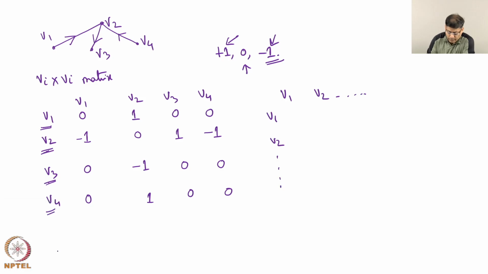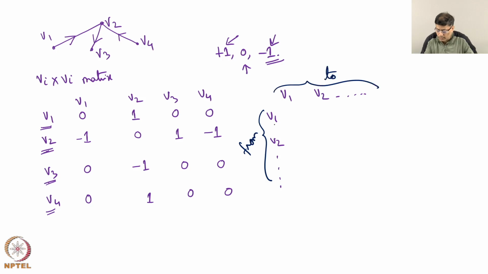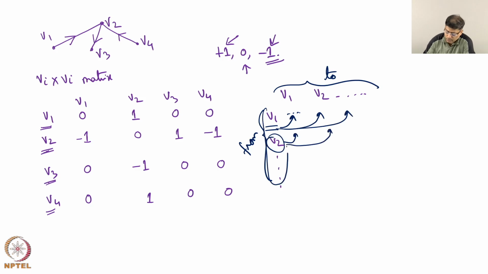my preferred way of writing is, this is from and this is to, like flow from V1 to V1 I have to write down 1, -1 or 0, from V1 to V2, from V1 to etc., from V2 to V1, from V2 to V2. So, this column everything is like from, and in this row whatever is written is everything to or towards.